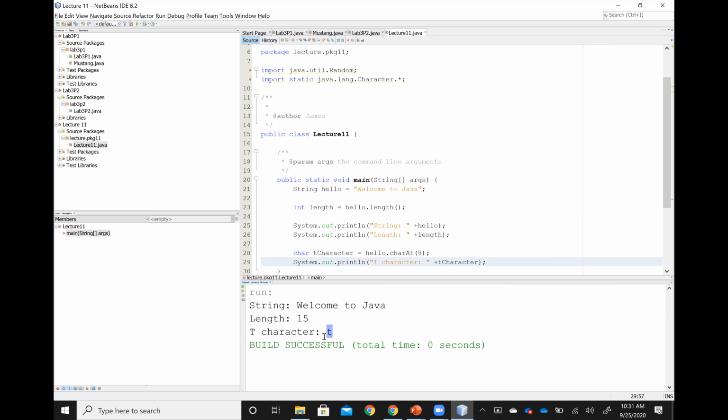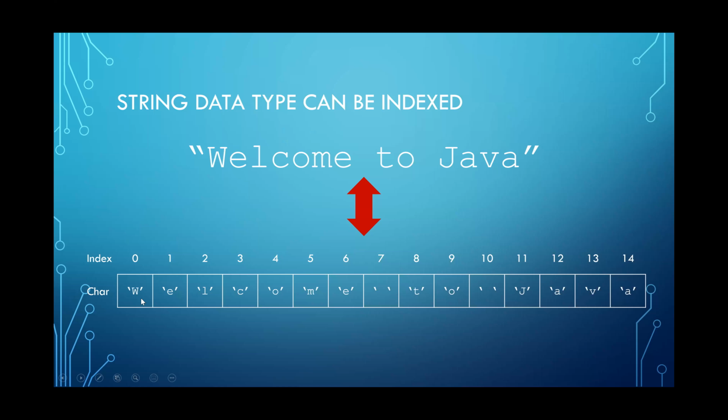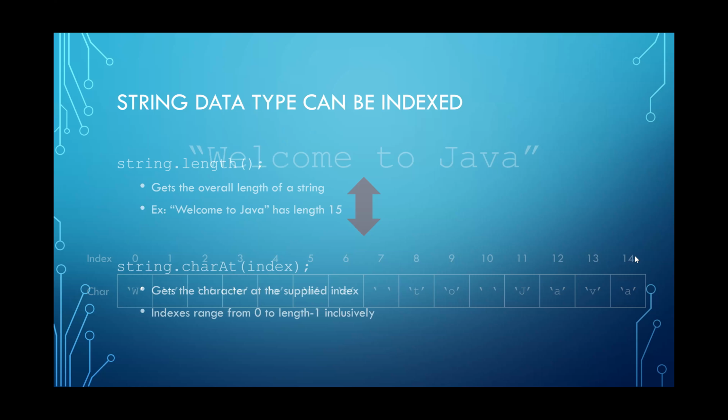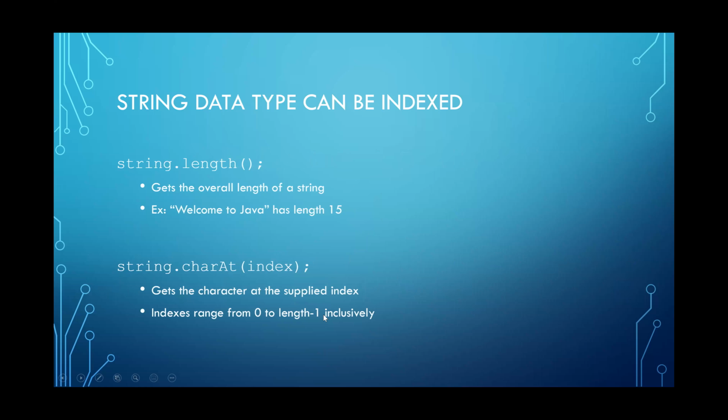So we can index that whole string, and the index goes from 0 to string.length minus 1, right? Although the length of the string is 15, in programming and computing, we always start at 0.